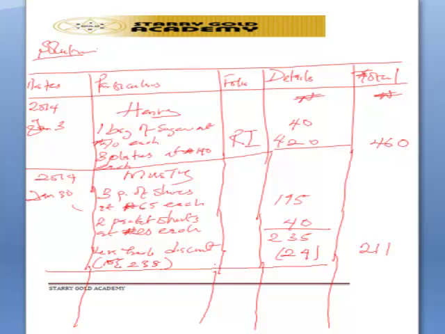Sum it together, that is 671. So this is a transfer to returns inward account. So that is it.